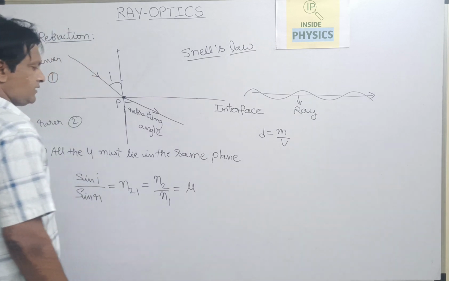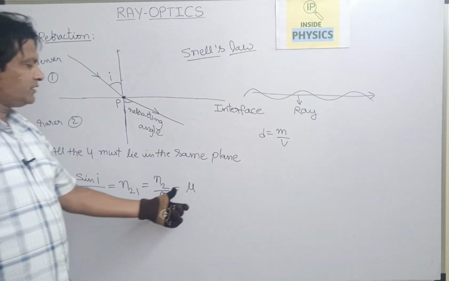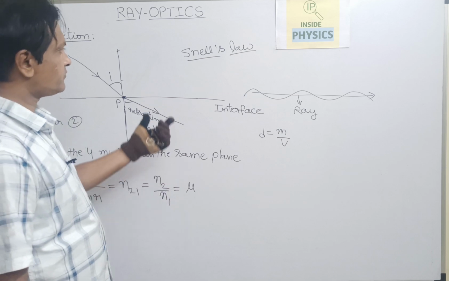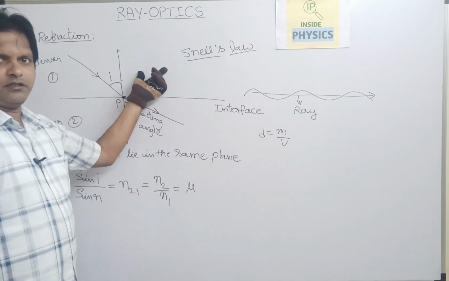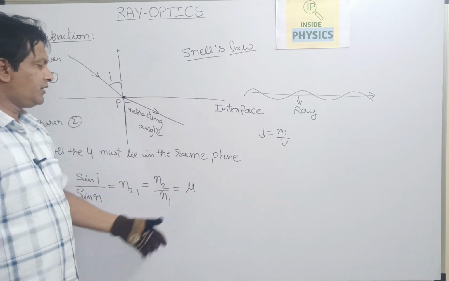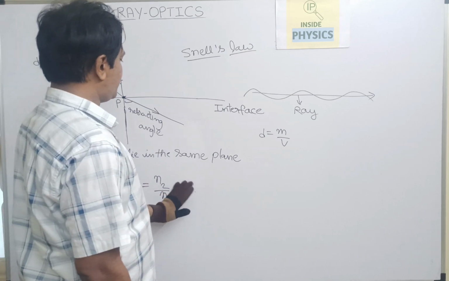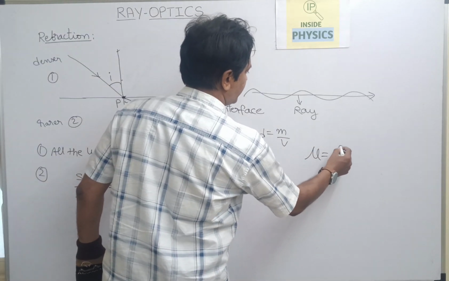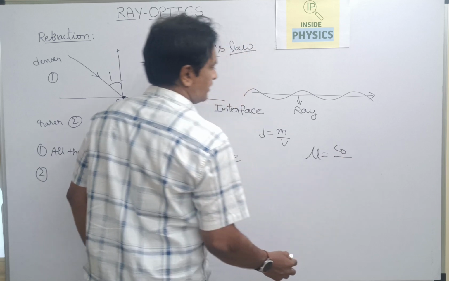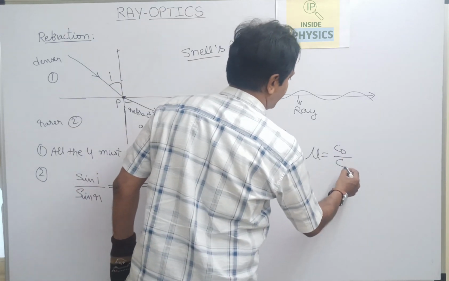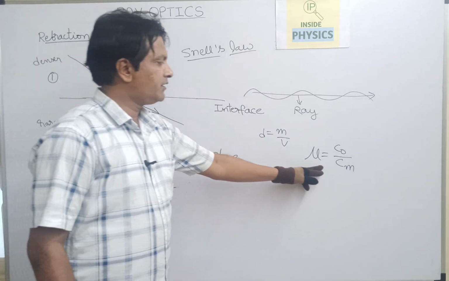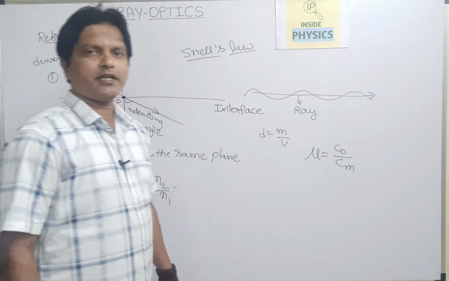Refractive index is defined as the speed of light in air to the speed of light in the medium. Refractive index is the ratio of the speed of light in air, that is c naught, to the speed of light in any other medium. That is the definition of refractive index.